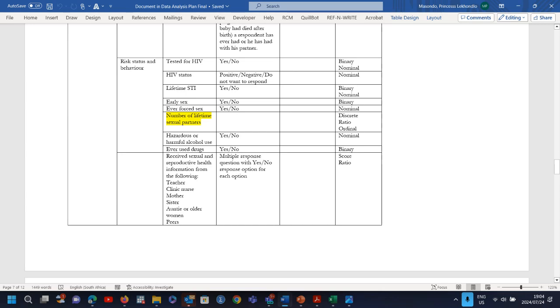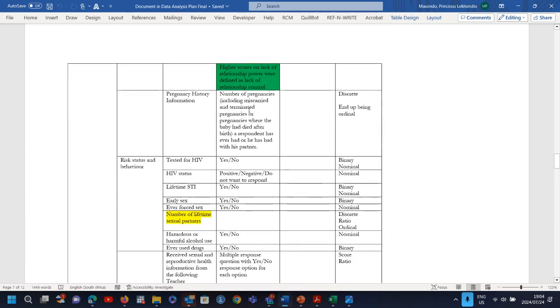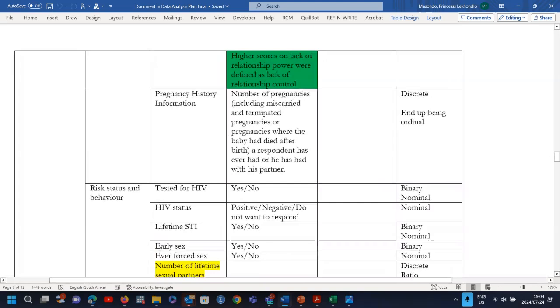Let's use number of pregnancies. You see how very detailed you are to be. Number of pregnancies, including miscarried and terminated pregnancies, or pregnancies where the baby had died after, so stillbirth. When they say number of pregnancies, it's very explicit to say what is included.